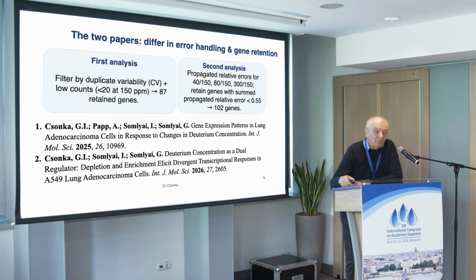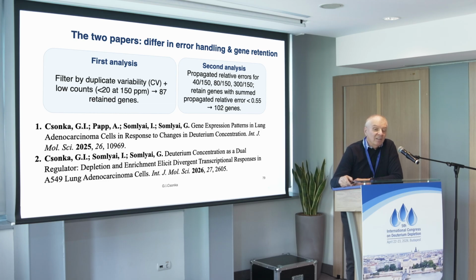So we did two analyses. The first analysis was a different filtering of the noisy data, and we obtained at the end 87 genes. And in the second study, we used more refined, more extensive filtering, and we focused on keeping all the important genes in the study.